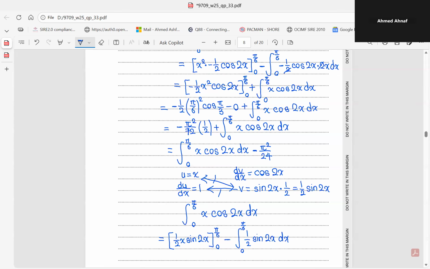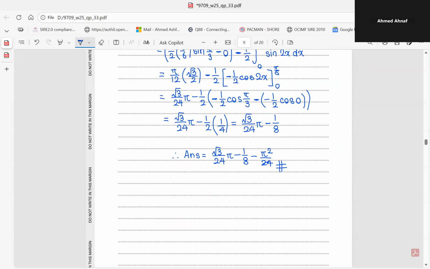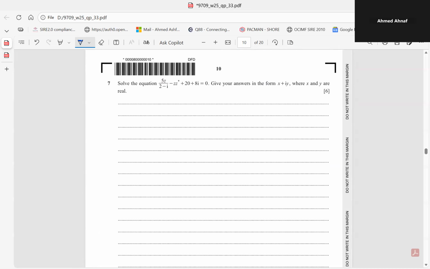And hence here we would get minus pi squared over 144. So this would be square root 3 over 24 pi minus 1 over 8 minus pi squared over 144. So that's it. Let's continue on to the next question.